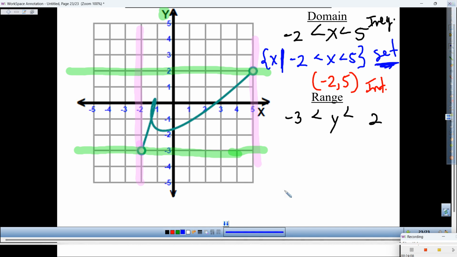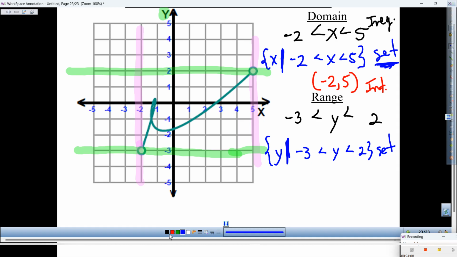Okay. Set notation. Isaiah, go. Such that. And this is my set notation.